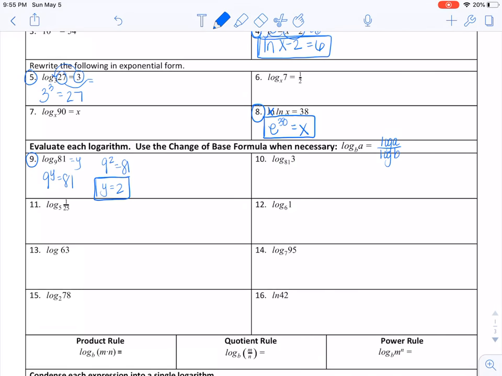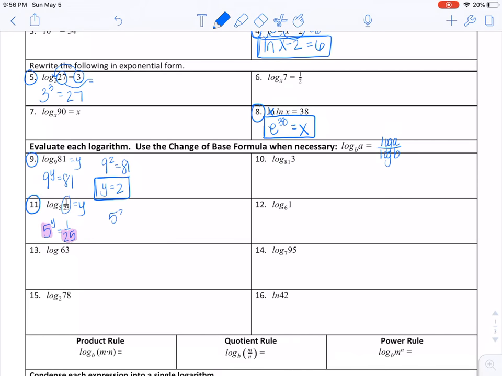Okay, and so if we look at number 11 as well, we're going to use the same idea. Anytime we see a fraction, though, we know we are going to have a negative exponent. And so I have 5 to the power of y equals 1 over 25. Well, 5 to the what power will give me 25?